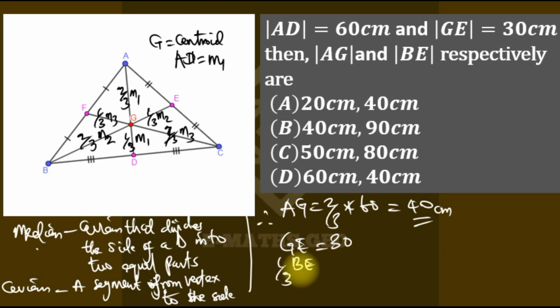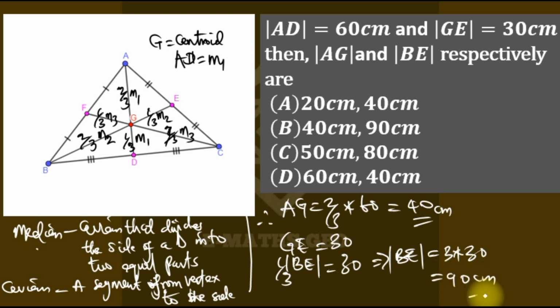So 1/3 BE is 30. Do you get? GE, as you can see, is 1/3 M2. M2 is BE. So we notice that BE will now be 3 times 30, which is 90. So it's a very simple one, option B, using the property of a centroid. So thank you.